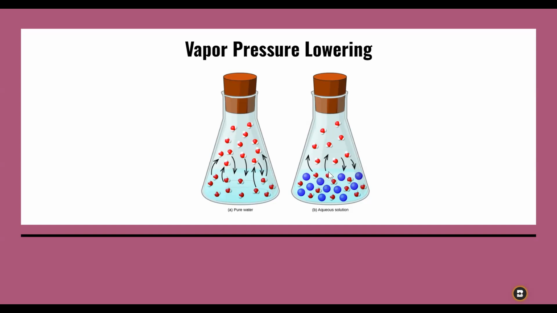Because it's hindering the evaporation, there's less water vapor, therefore less vapor pressure. So that's what vapor pressure lowering means.